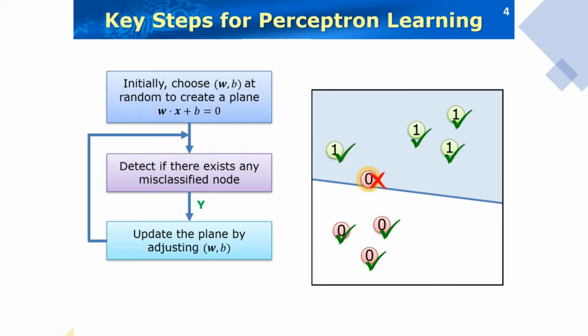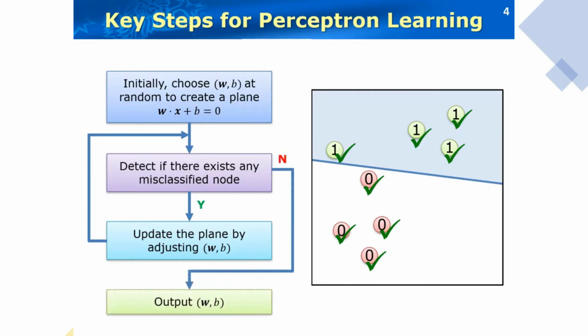Then we again update the plane to exclude this point from the blue region by adjusting the weights and threshold value, and recheck the existence of any other misclassified node. In this case, there are no misclassified points. Therefore, we exit the for loop and output the weights and threshold value for the final plane.